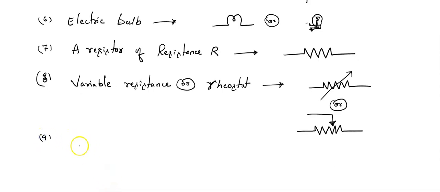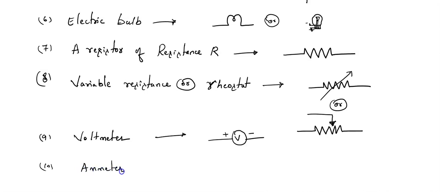And then we have the next very important one, which we'll be using often, that is the voltmeter. So this is the circuit symbol or the diagram of a voltmeter. And last we have the ammeter. So this is the circuit diagram or the symbol of an ammeter.